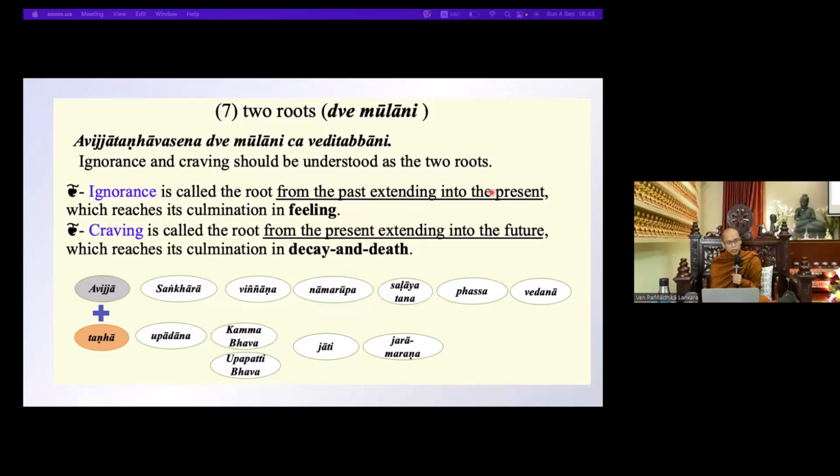Past to present, present to future, and after that decay and death. So all the resultants are included here. So avijja to feeling, vedana, and tanha to jaramarana. This is the extension from the roots to the results.